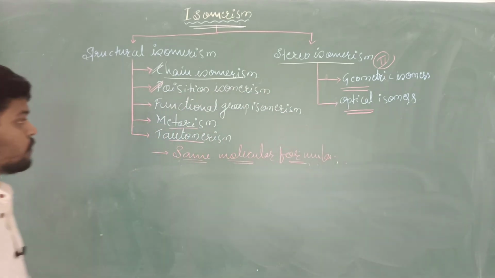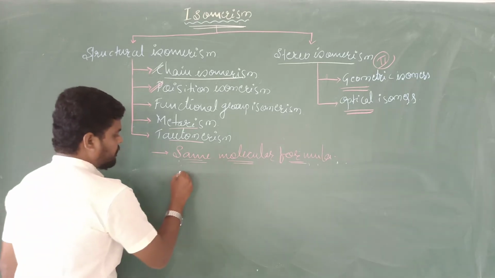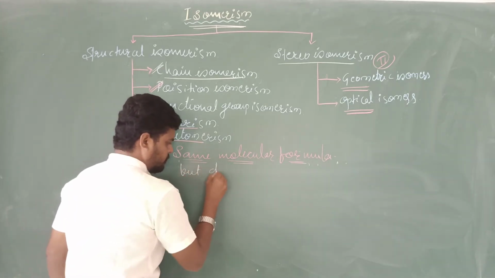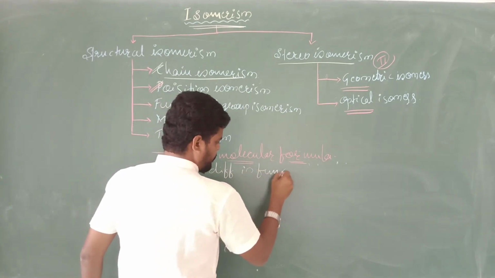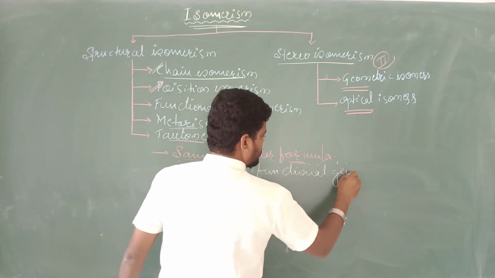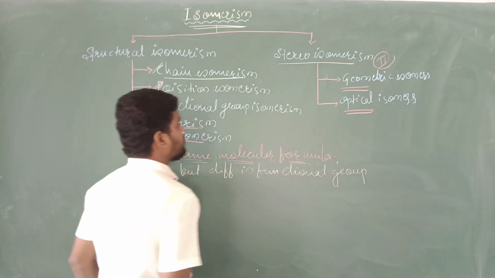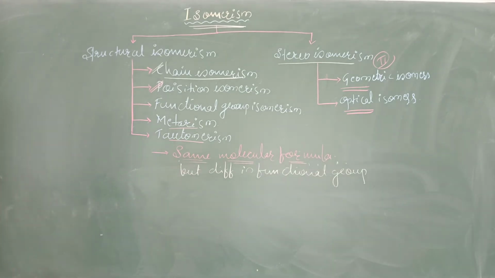And the third one is functional group isomers, that is, compounds having the same molecular formula but differing in the functional group.